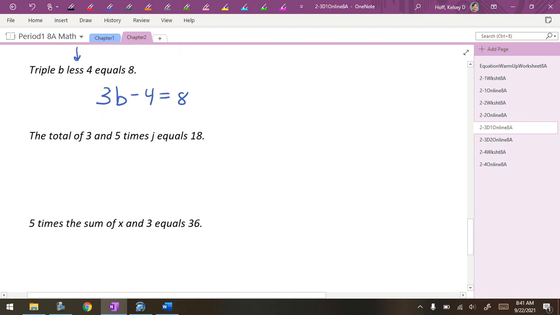Try this one. The total of 3 and 5 times J equals 18. Underline your words that mean different operations to start with.